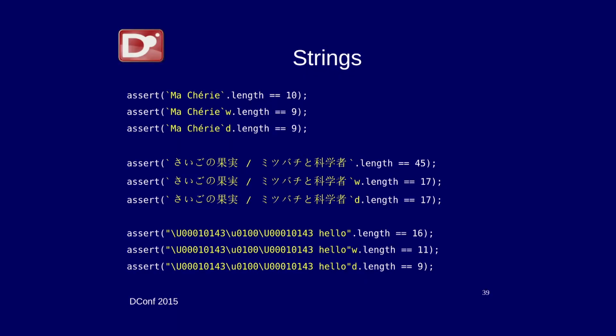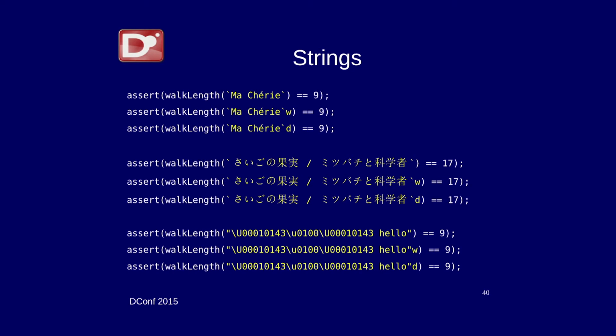In particular, it results in some weird stuff going on. These are 3 examples of Unicode strings. In the first line on each, it's a char string. The next is wchar, and last it's dchar. And there's a considerable difference in their length. As you notice, length is the number of code units, because it's the number of chars or wchars, not the number of code points, nor the number of graphemes.